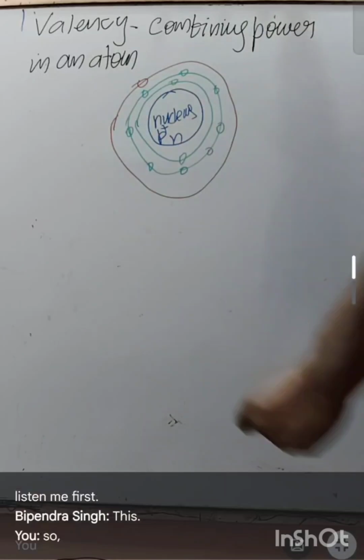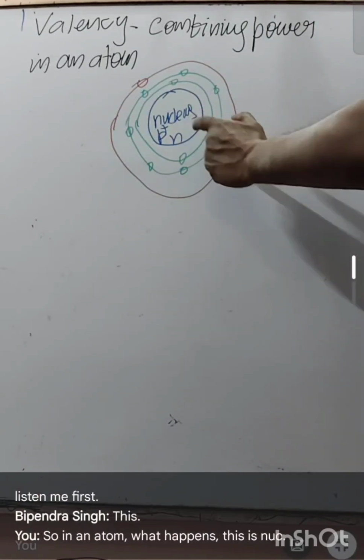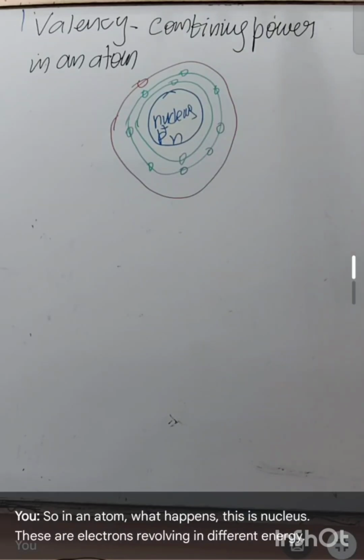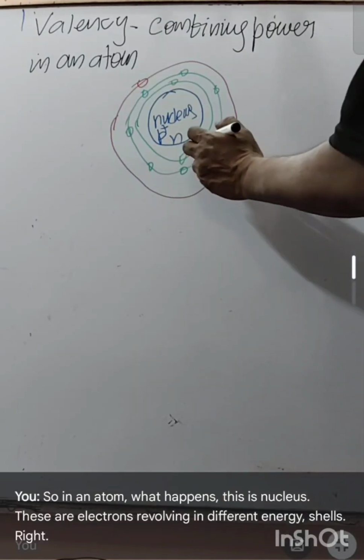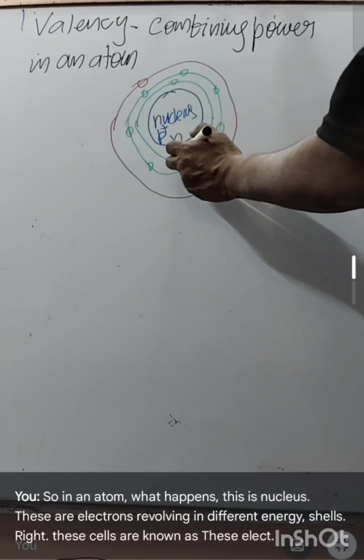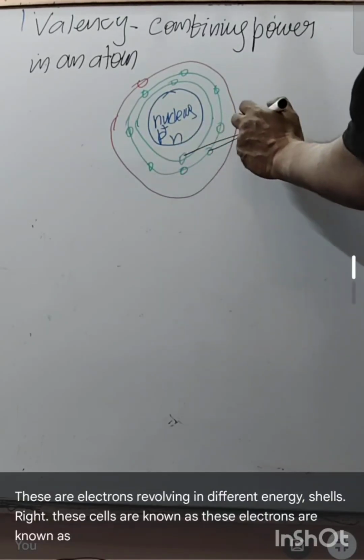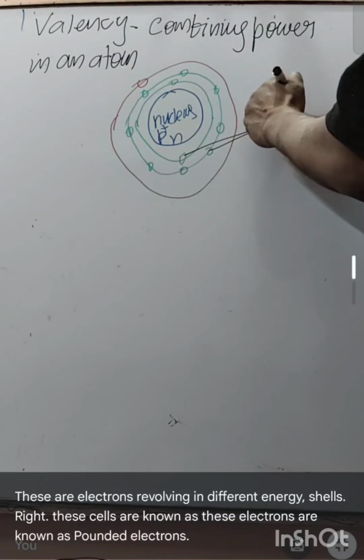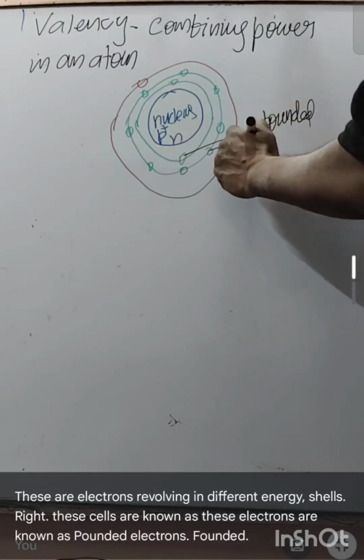So in an atom, what happens? This is the nucleus. These are electrons revolving in different energy shells, right? These electrons are known as bounded electrons.